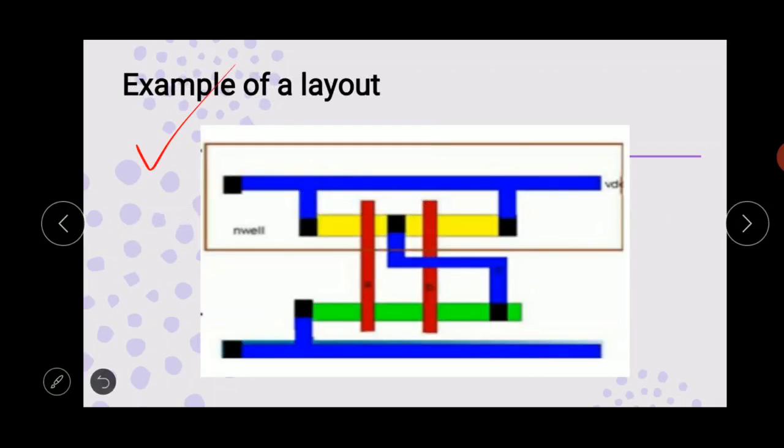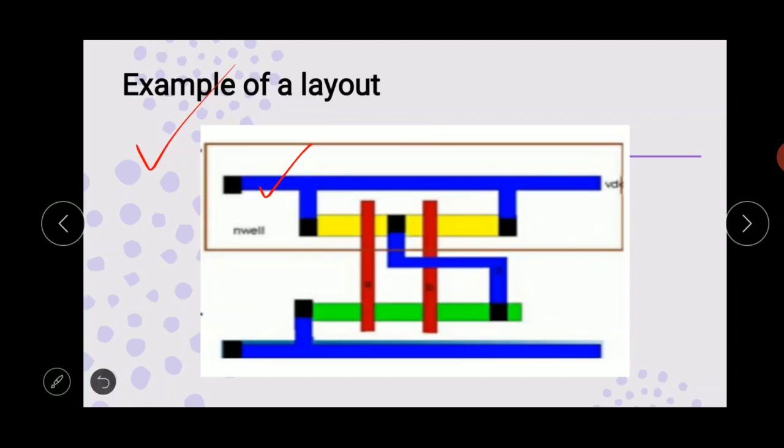This is a schematic layout where the layout is represented by rectangles corresponding to the different objects, and we use some color coding convention to represent them.